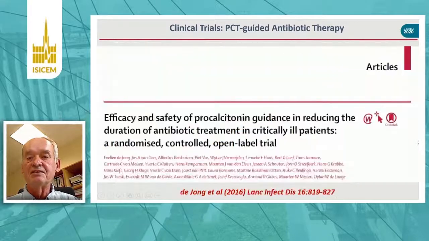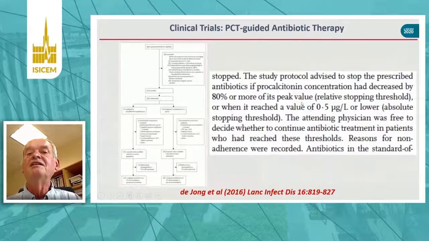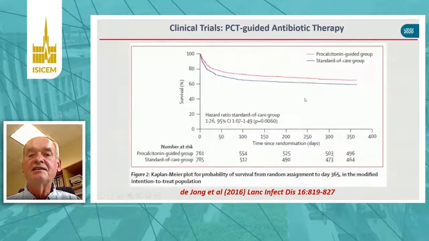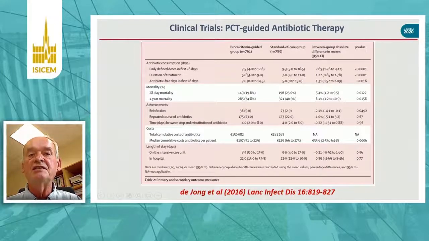However, if you do the opposite and take the negative predictive value, so we stop the antibiotics if we are below 0.5, then this strategy really increases survival of patients. And not only this, it decreases the antibiotic consumption and the costs for treating these patients.